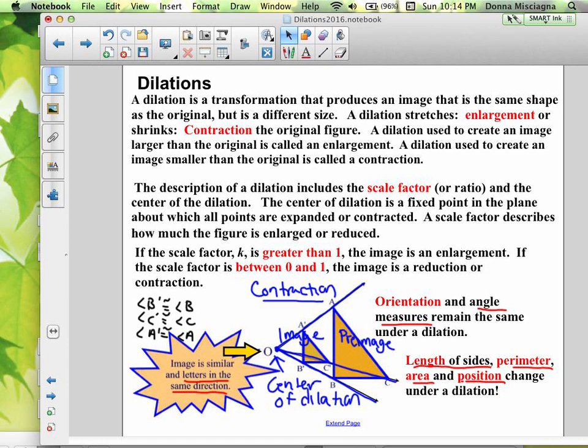Right? And for a dilation, all of our corresponding angles are going to be congruent.